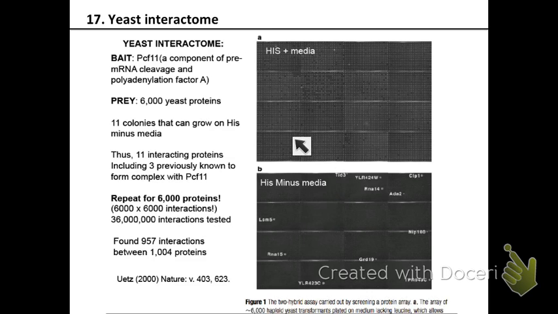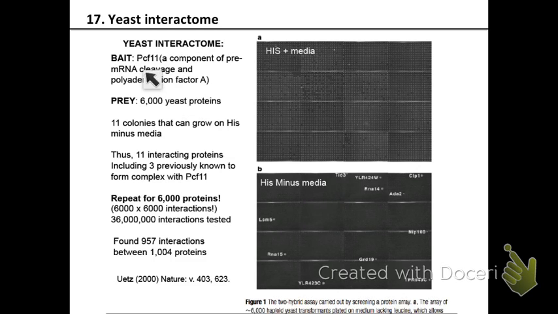So all the colonies that have the 2 plasmids should live here. And you see these tiny little dots, those are the colonies. And here is the plate that lacks the histidine. So only those pairs that interact are going to be able to grow on these. And so you can look at these colonies and find out which proteins are interacting.